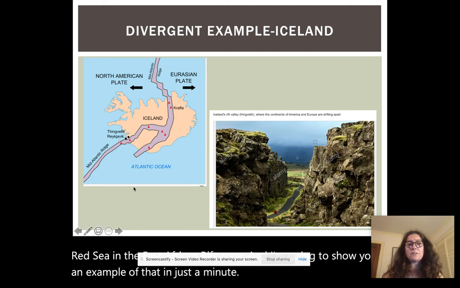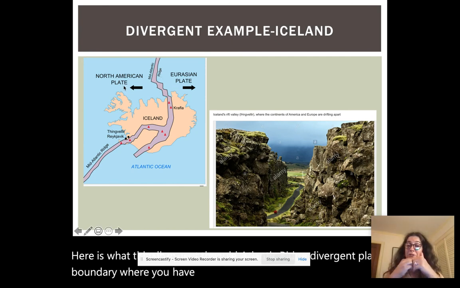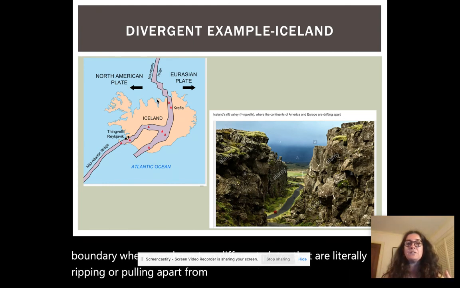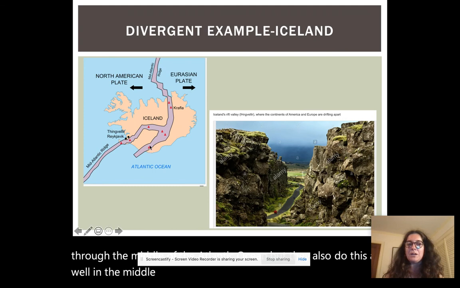So here is the Mid-Atlantic Ridge divergent plate boundary, where you have two different plates literally ripping or pulling apart from one another. They do this through the middle of the Atlantic Ocean, but they also do this in the middle of an island that we know as Iceland.